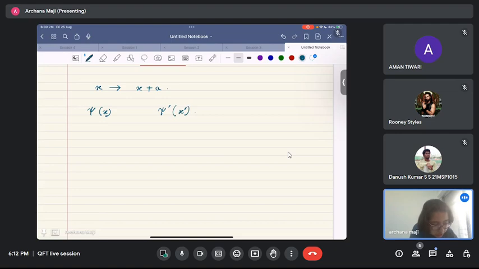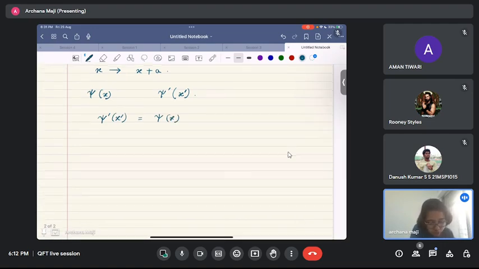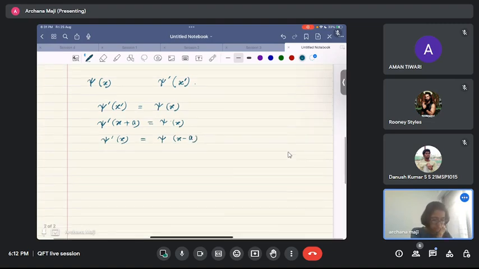If this particular transformation is a symmetry, then that would imply that the new function that you are getting should be equal to the old function evaluated at the old location x. So psi prime of x plus a is basically psi of x, and from there you can see what psi prime of x is: that is psi of x minus a, if you replace x by x minus a.